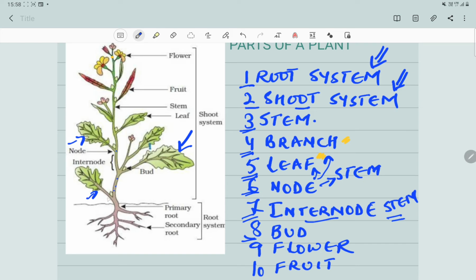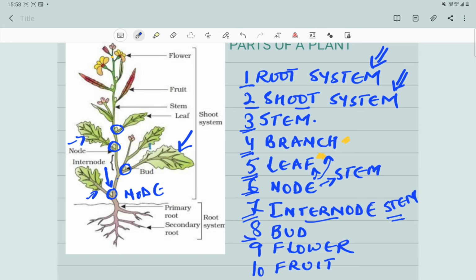The part where the leaf joins the stem is called a node. If you look at the node, in the center of the node, I want you to look at this structure inside the circle. So these are buds. A bud is a structure which is found between the leaf and the stem.